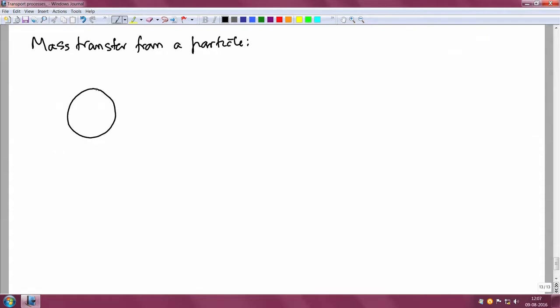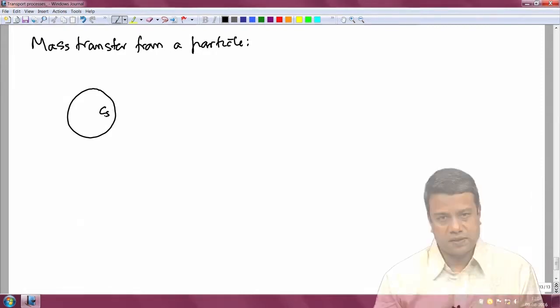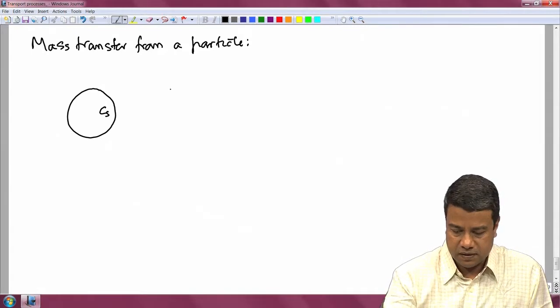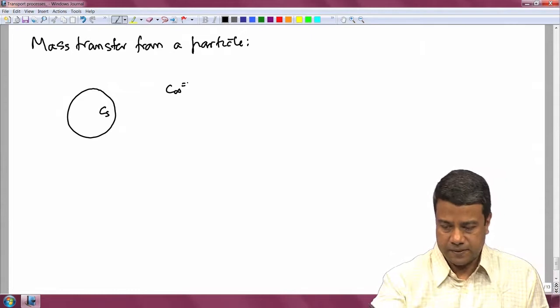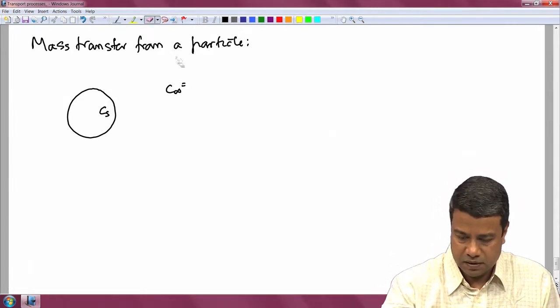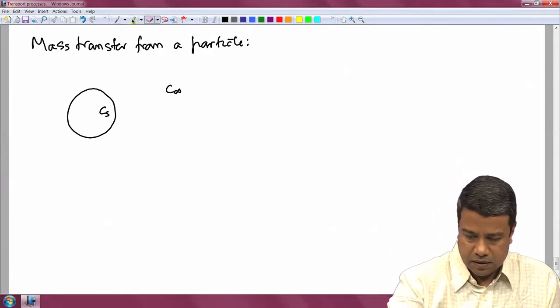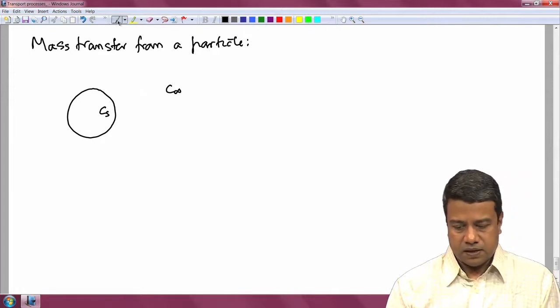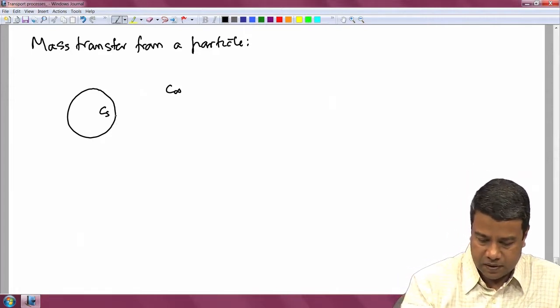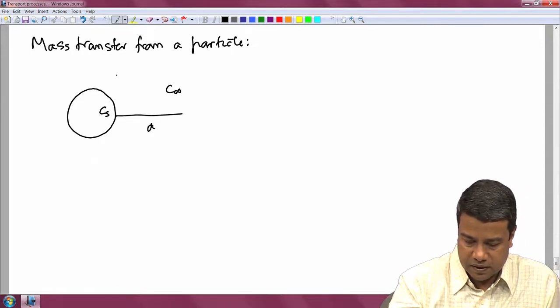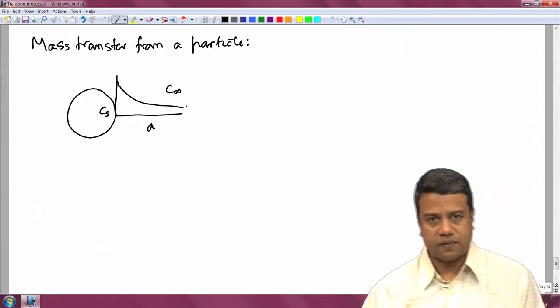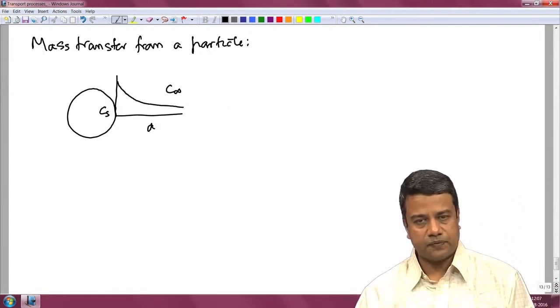There is some species with concentration Cs on the surface, and we will consider the concentration far away from the surface to be C infinity. And there is this concentration difference. If I plot as a function of distance from the surface, the concentration at the surface is larger and then it decreases as you go away from the surface, for this particle.